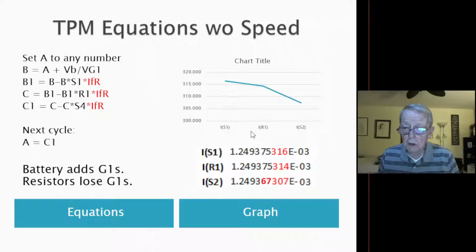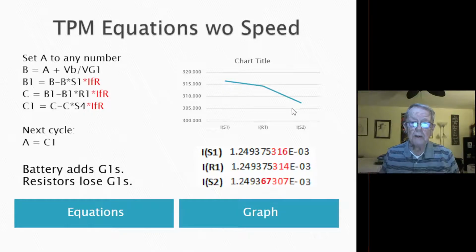If I'm going to look for this, that's why I have to have an accurate meter to see if I can measure that down here. But you can see that as you go around the circuit from S1 to R1 to S2, it indeed does drop. In fact, this one drops even lower had I plotted all the 5 digits. So the first one, standard, is a straight line. TPM without speed, it's a continuous drop.